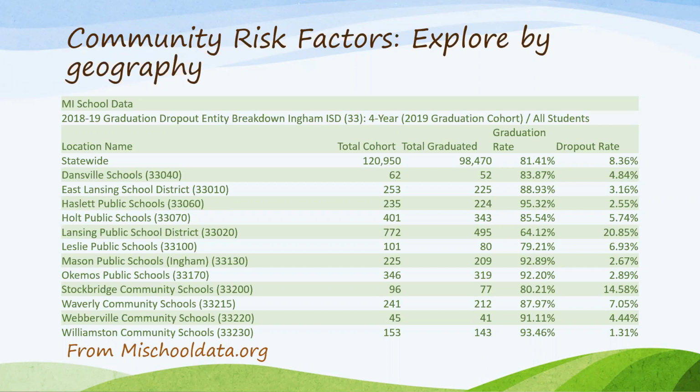However, even in table form, we can see that for many area school districts, the dropout rate is less than 1 in 20 and less than the statewide average. In the Lansing School District, the dropout rate is 1 in 5. This type of exploration can help identify areas of risk that could be much less evident at the county level data.